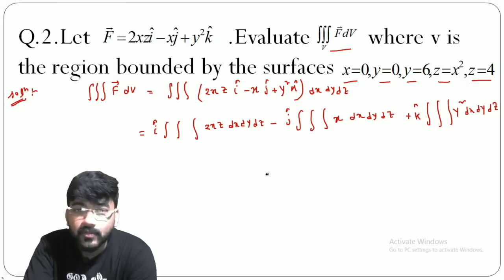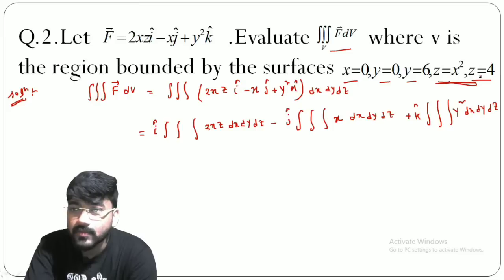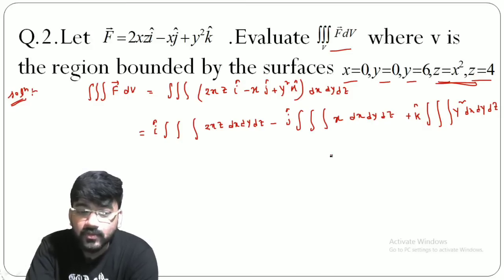Now you have to put the limits. If you want, you can draw these surfaces, but you don't need to draw each and every time, because I have told earlier that you have to first choose the limit of z. Here z varies from x square to 4, since z is equal to x square and then z is equal to 4. So in each case the limit of z is x square to 4.